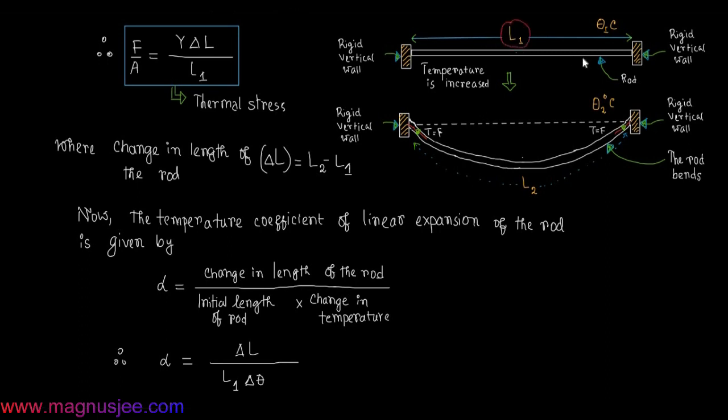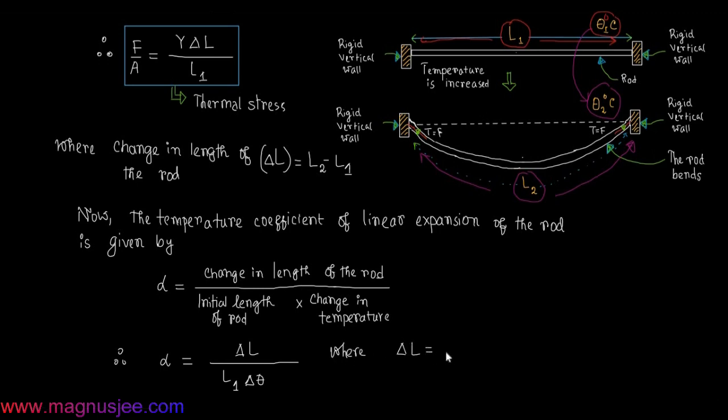Now in the diagram, L1 is the initial length of the rod at the temperature theta 1 degree C, and in this case temperature is increased from theta 1 to theta 2 degree C, and length increases to L2.